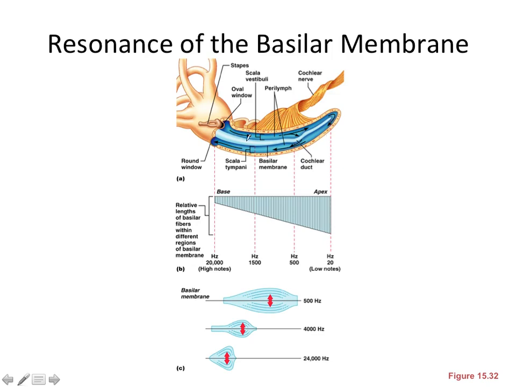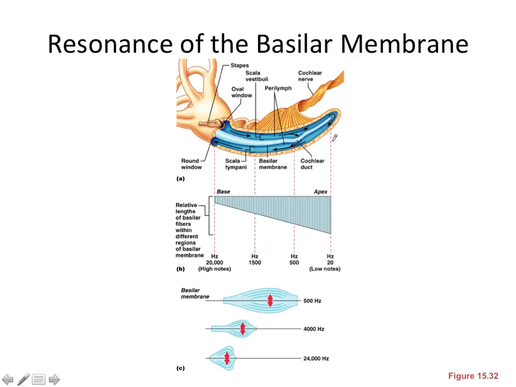The basilar membrane has hair cells. The hair in different locations of the basilar membrane has different lengths. In the region of the oval window, the hair length is very short.